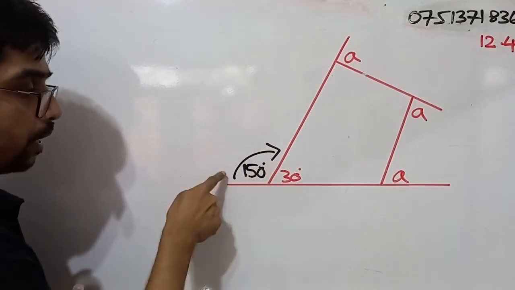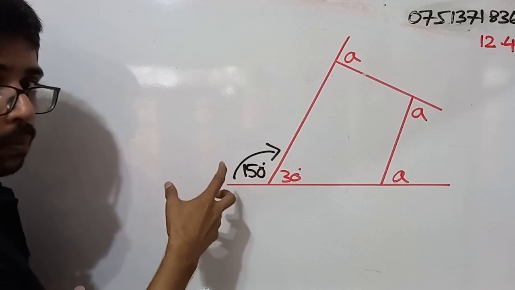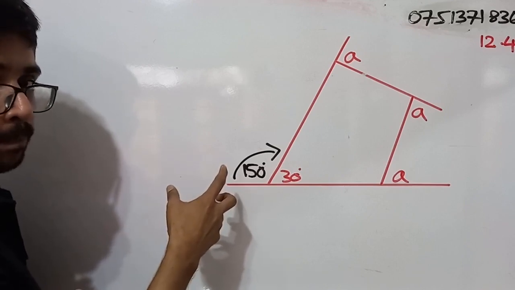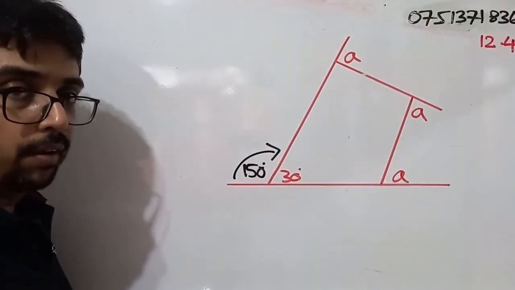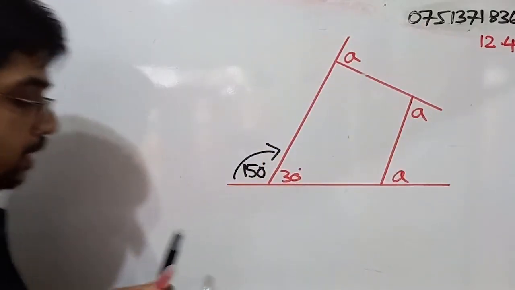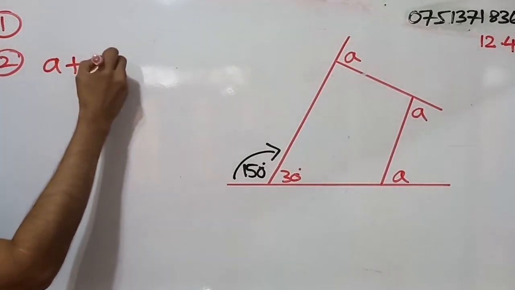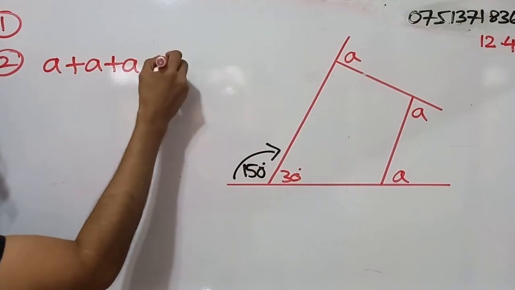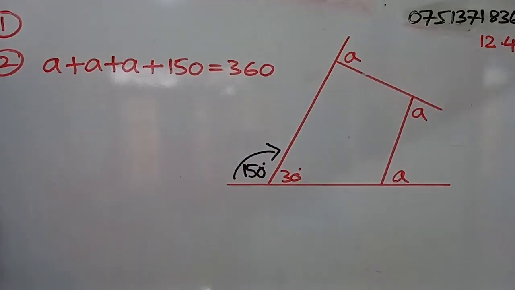So we know the magnitude of this angle is 150. Also, this angle is an external angle. So now we can use the theorem: the sum of external angles of a quadrilateral is equal to 360. So we can write A plus A plus A plus 150 is equal to 360.